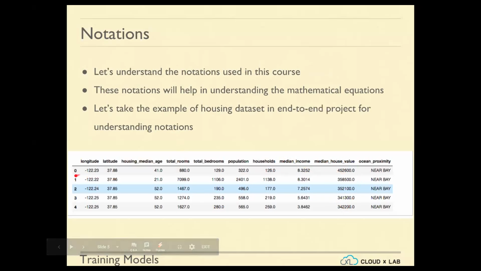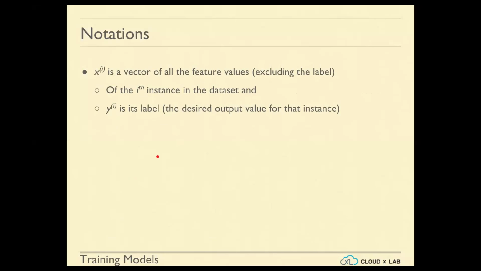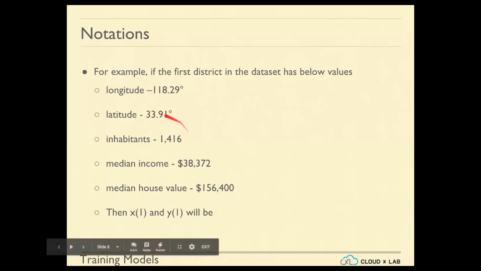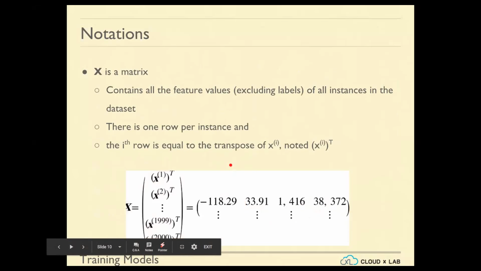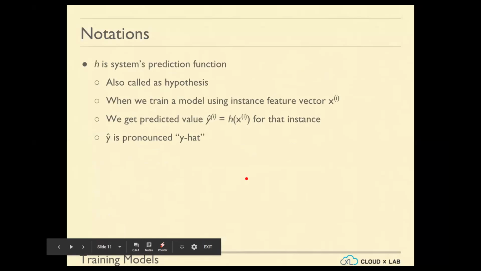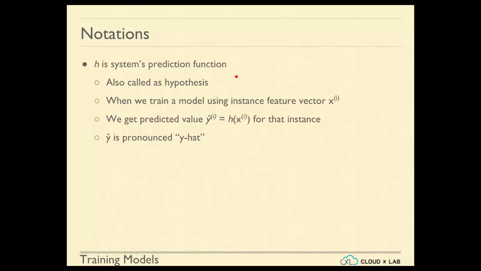So next, this is basically the xi. You can say this is x1, and this is y1. Capital X is a matrix which has all the rows, x1, x2, x3, and so on, and it is basically the entire table. h is the hypothesis function, and y hat means the predicted value of y.